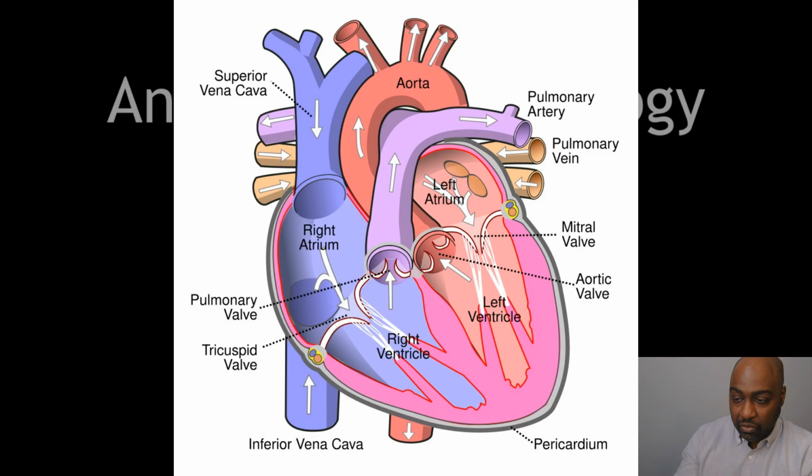So I'd like you to notice something in particular about the thickness of the muscle of the heart. If you take a look at the heart on the right ventricle, you'll see that the thickness of the muscle on that rightmost wall is very thin. And then when you look at the thickness of the left ventricle, you'll see that it's much thicker than the right.